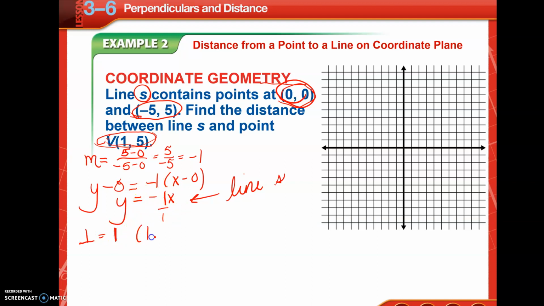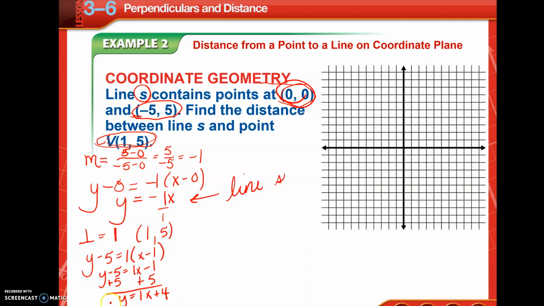And it's going through the point 1, 5. So I am going to write that equation, y minus 5 equals 1 times x minus 1. Distribute your 1. y minus 5 equals 1x minus 1, and add 5. y equals 1x plus 4.